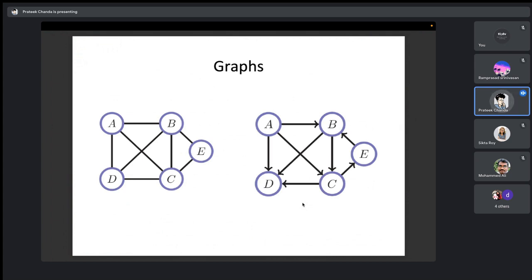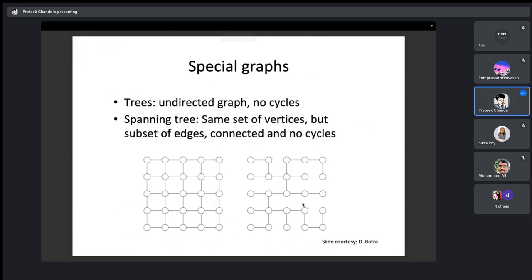One is undirected on the left, and directed graphs on the right. And we have special graphs also, things like trees. A tree is a special kind of graph. It's undirected, but it doesn't have any cycle. The other case is a spanning tree, where you have the same set of vertices but a subset of edges.